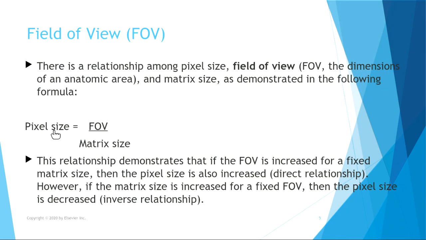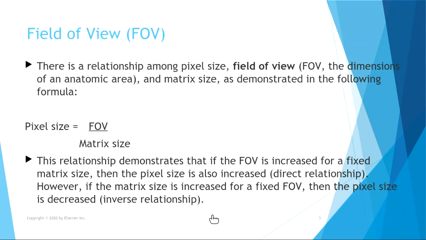But if the matrix size is increased for a fixed field of view, then the pixel size will actually get smaller. So that has an inverse relationship. And if the pixel size is smaller, that gives you better spatial resolution.